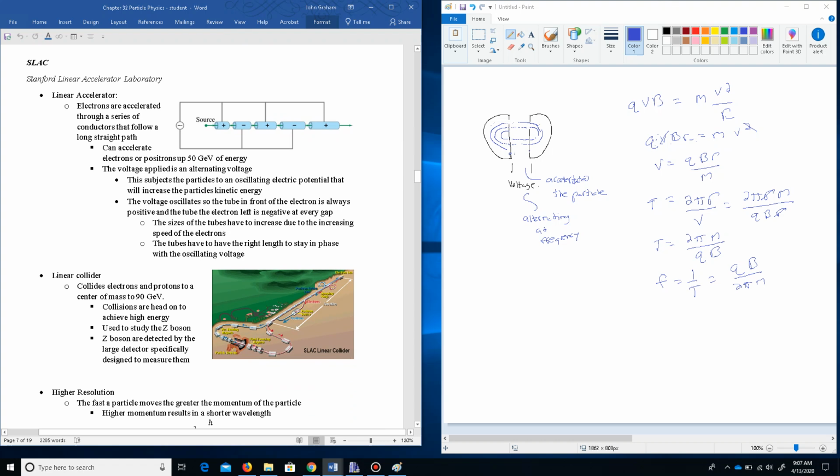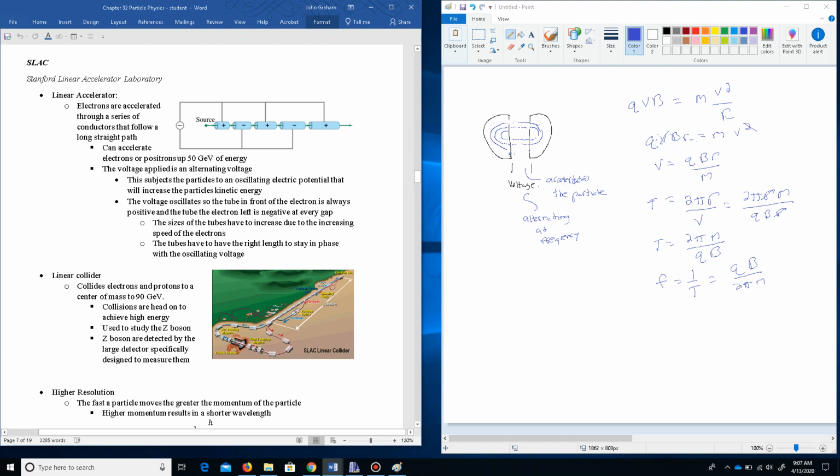Then we have the Stanford Linear Accelerator Laboratory. This, as you can see, is really long, and that is how long they have needed in order to speed these particles up. One goes this way and one goes around in this red direction and collide here at the detector. So this is a linear accelerator.